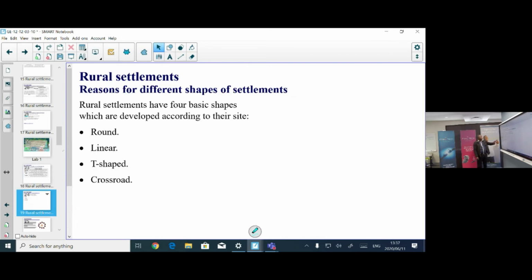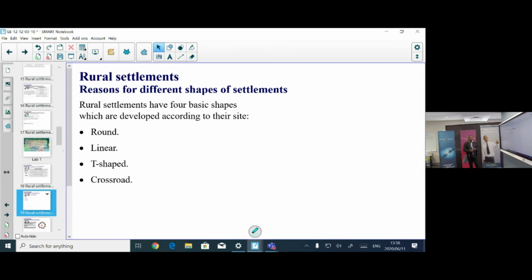Right. We once talked about the shapes of the settlements. So we said rural settlements have got 4 basic shapes which are developed according to their site. So the site determines the shape of the settlement. We've got round, usually around a water source.